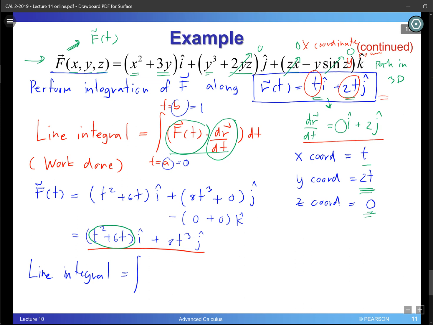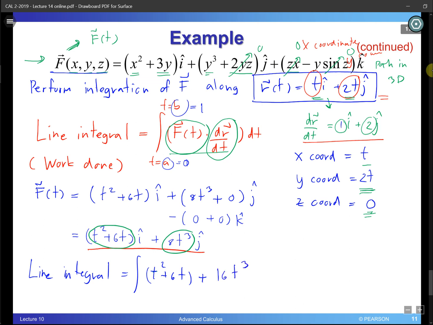So here I have t squared plus 6t, and that times 1 right here, so nothing changes. Now plus the product of the next component, the j component, 8t cubed, and we have 2 right here. The product of that becomes 16t cubed.